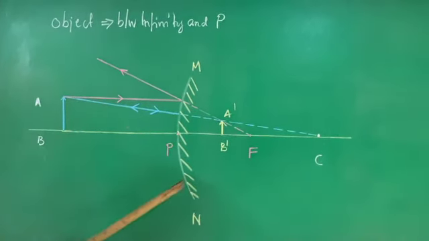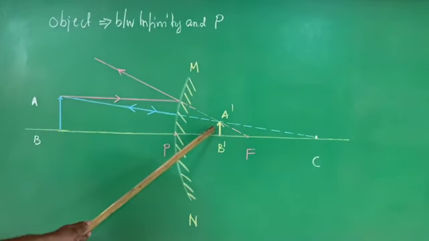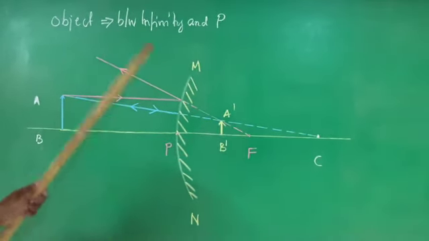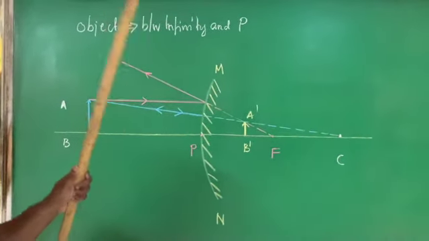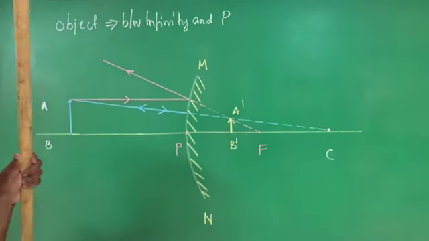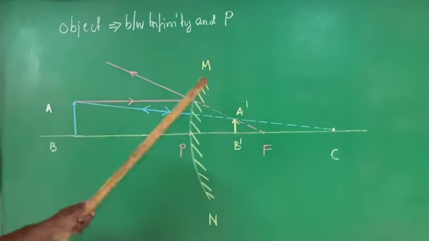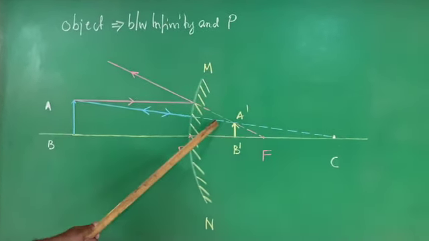It always produces an erect image. It always produces a virtual image. Name the type of mirror which always produces a virtual image: convex. Diminished image: convex. Erect image: convex.